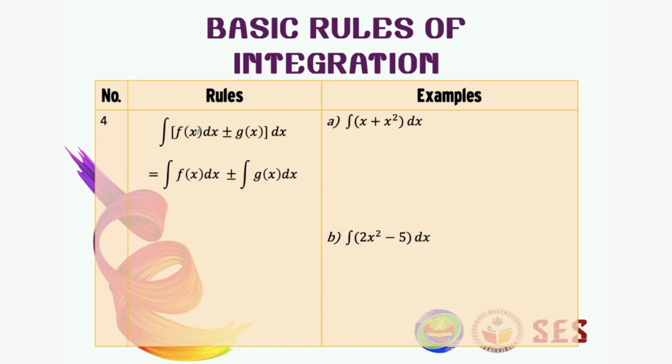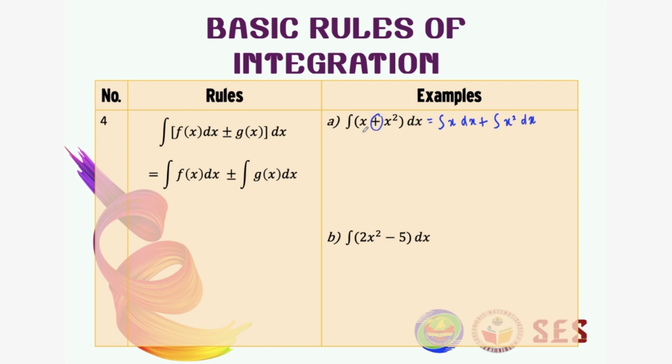So when we integrate a function plus or minus another function, we can separate the integration. So we should get the integration of the first function plus or minus the integration of the second function. Okay, so let's write some examples. So this one can be written as integral of x dx plus integral of x to the power of 2 dx.